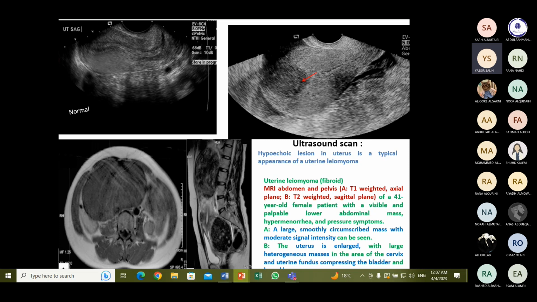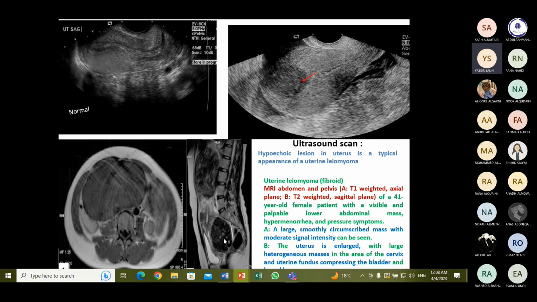You can see this lesion with a smooth, well-defined outline and moderate signal intensity, not hyperintense or hypointense.